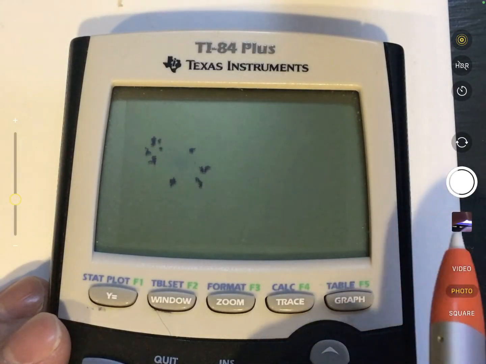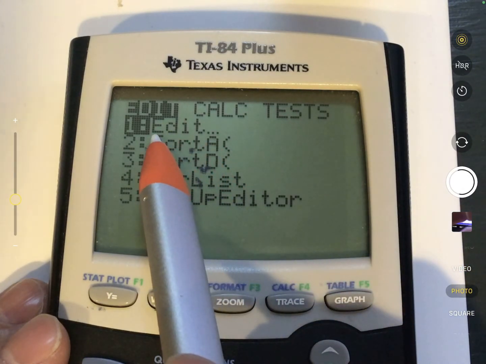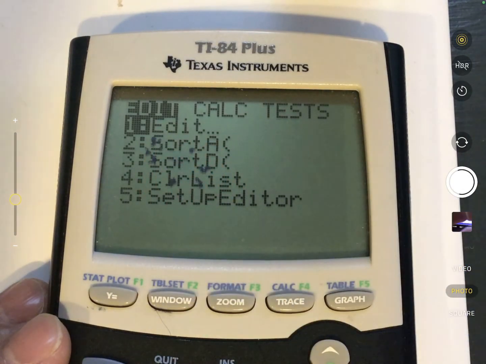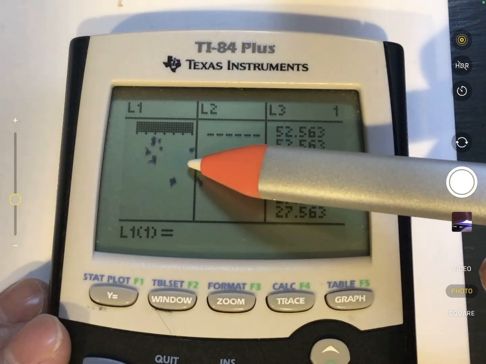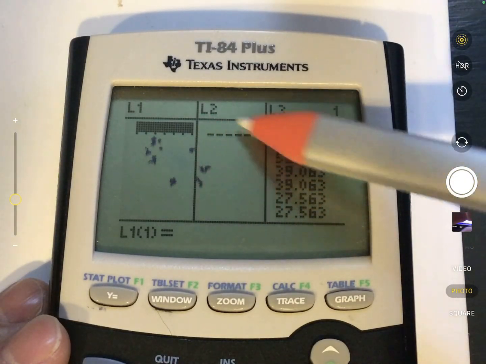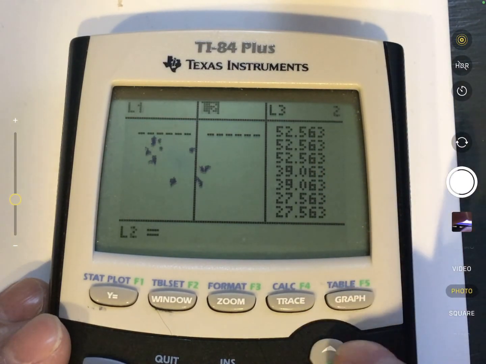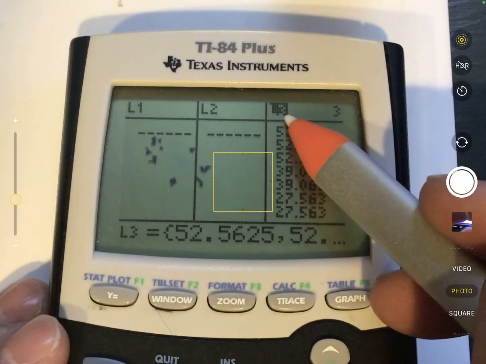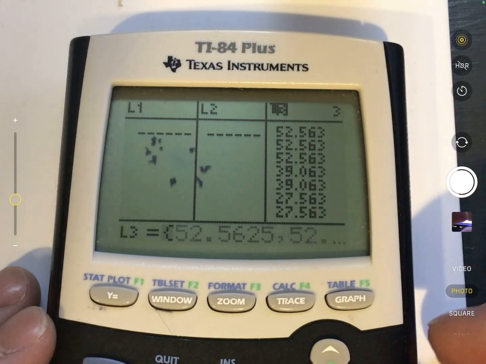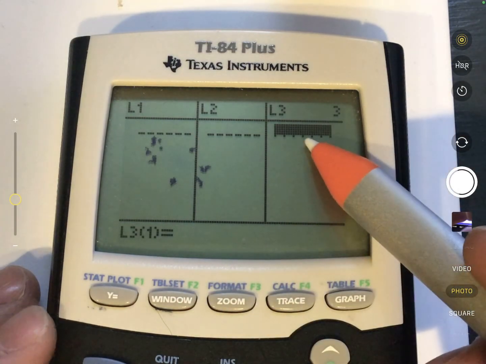When you click on stat, it takes you to this page where I want to click on edit because I want to get my lists. What I'm doing is putting in that probability distribution. If you have values in your list, you can highlight the list name, in this case L3, press the clear button, and then press enter, and it'll clear everything out.